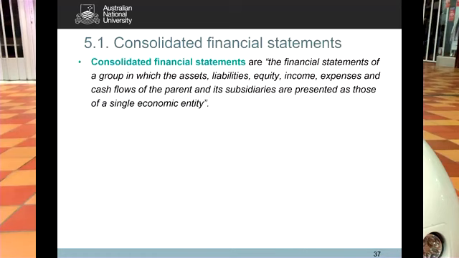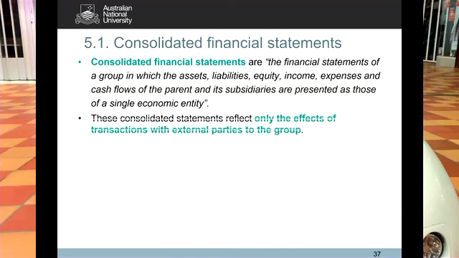And what are the consolidated financial statements? Basically, that's just the financial statements of a group in which the assets, liabilities, equity, income, expenses, and cash flows of the parent and its subsidiary are presented as those of a single economic entity. Those consolidated statements should reflect only the effects of transactions with external parties to the group.